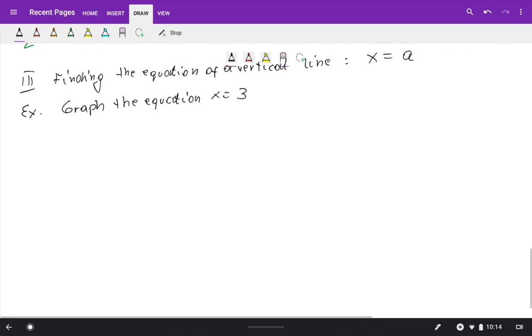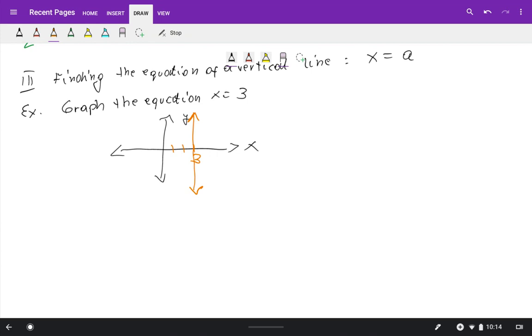So x equals 3, like you guys see, you don't even see y. That means this is your vertical line. X equals 3, so you're going to find 3 on the x-axis and just create the vertical line which goes through that point. So this is our vertical line x equals 3.